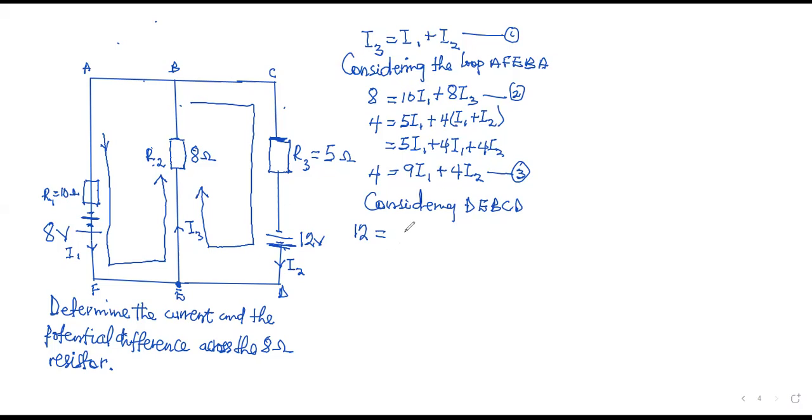Would that be positive or negative? Positive. So 5 I2 plus 8 I3, plus 8 I3.